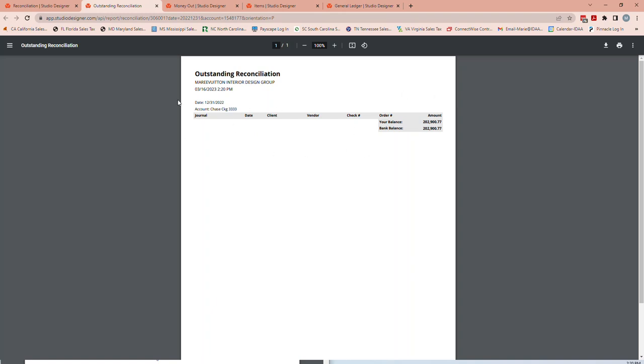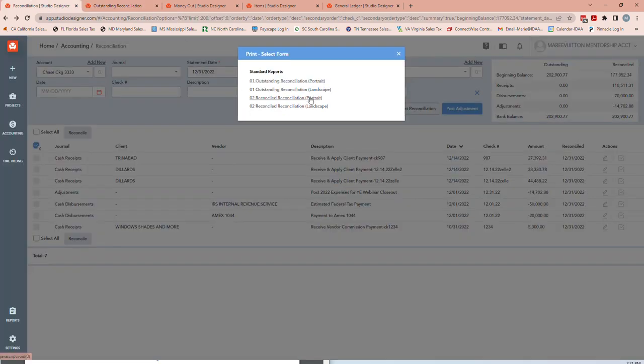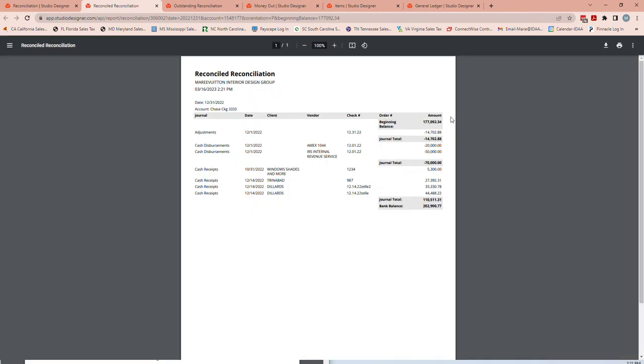Had there been anything that did not clear, those would be listed here, and that is important to know because if your bank balance is $202,977, but let's say you wrote other checks and they just didn't clear yet, those would be listed here and the bank balance would be different on your balance sheet, just so we're clear. And then the reconciled report tells me everything that in fact was reconciled.